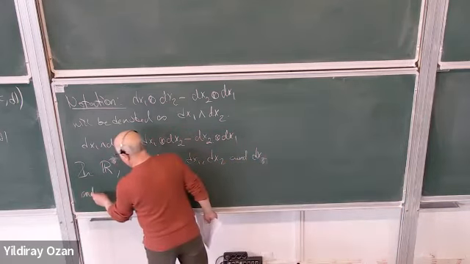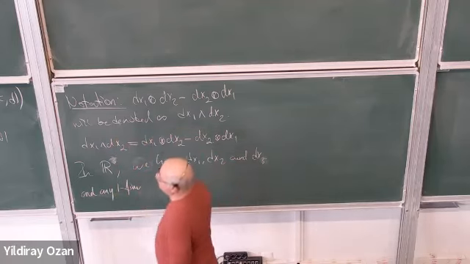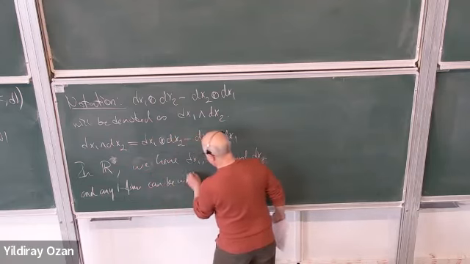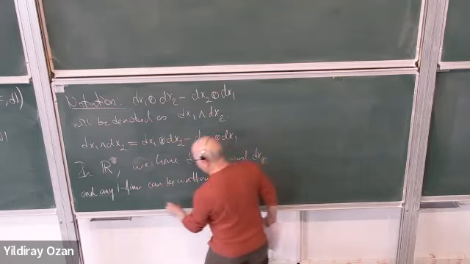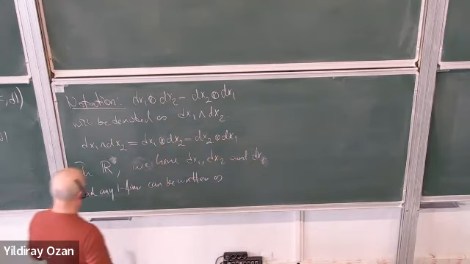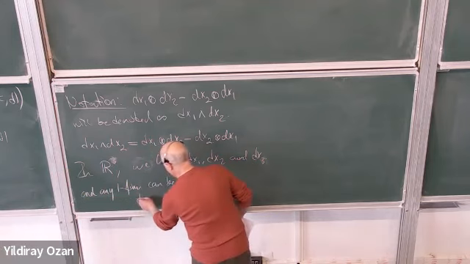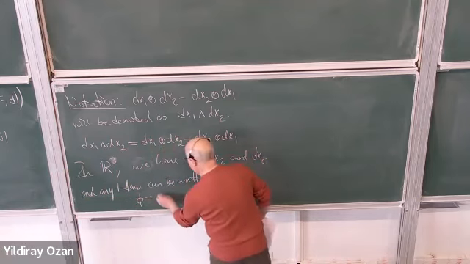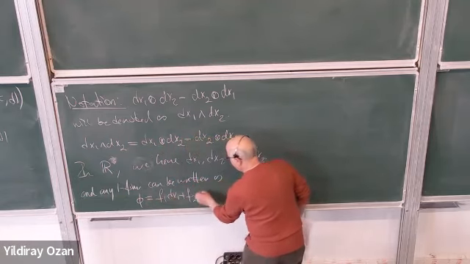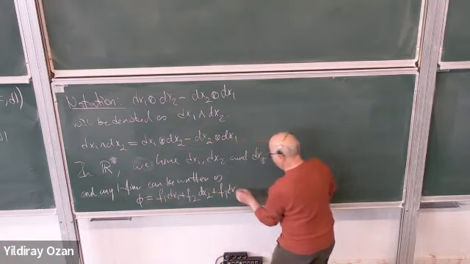And any one form can be written as we wrote it there, omega. The book mostly uses phi, so let me use phi: F1 dx1, F2 dx2, F3 dx3.